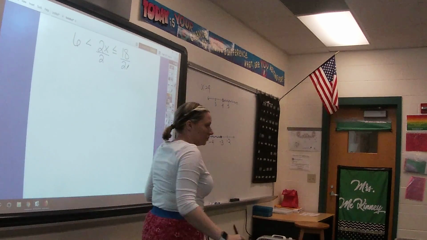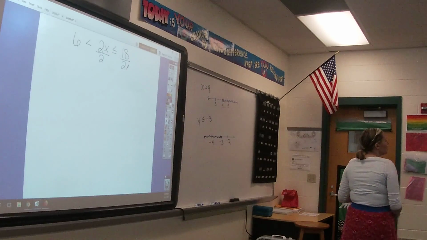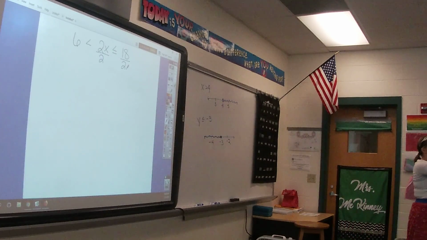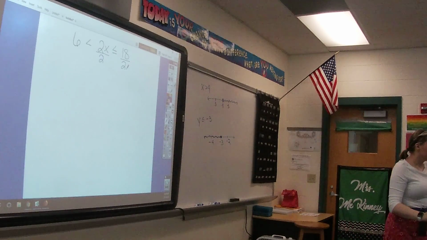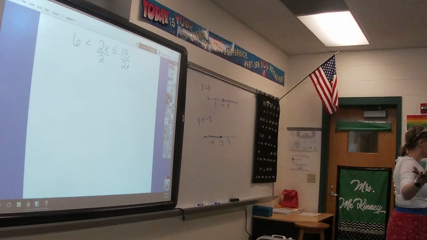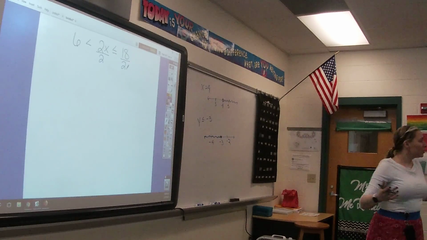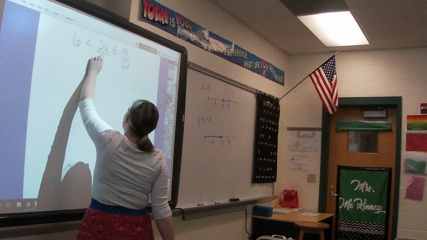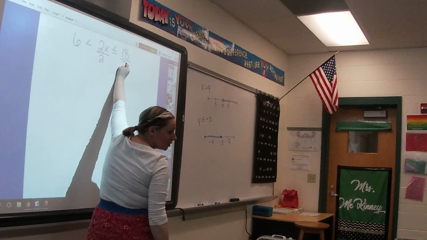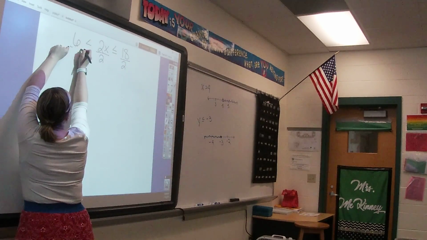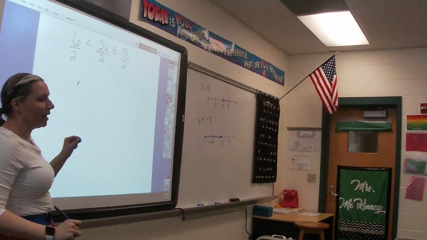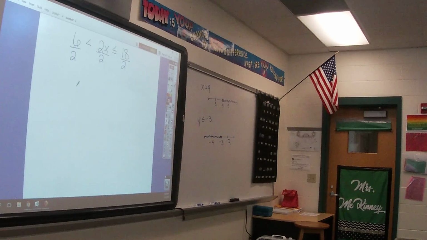Now, here's the deal. If we're going to divide by 2 on one side, we have to divide by 2 on the other side, except now we have 3 sides. So not only are we going to divide by 2 and divide by 2, but we are also going to divide by 2. All 3 places.